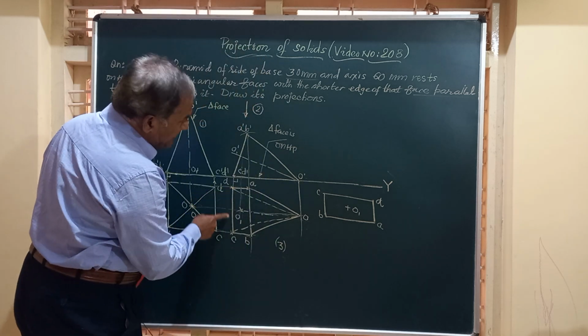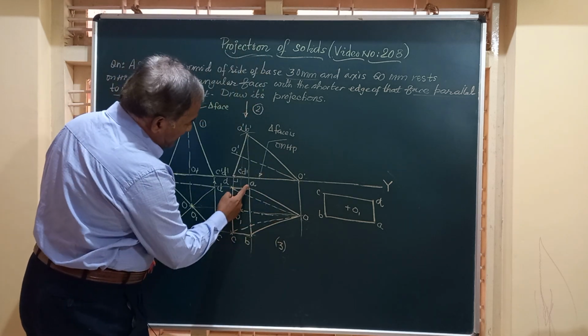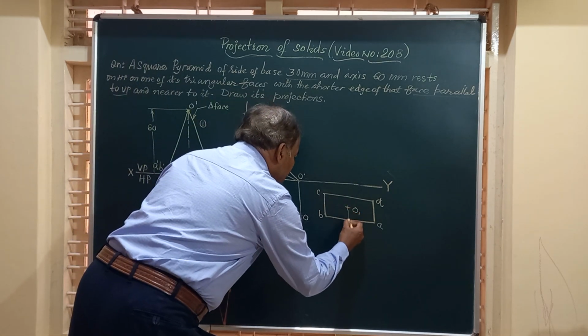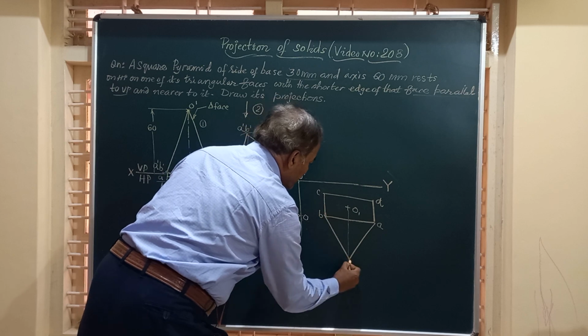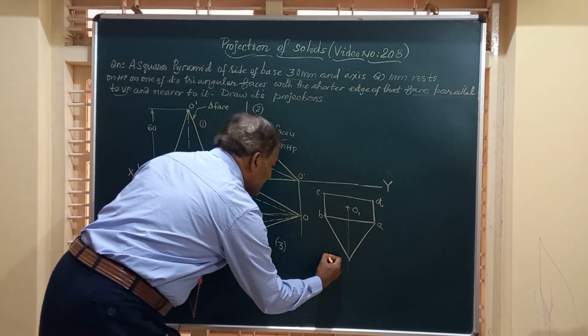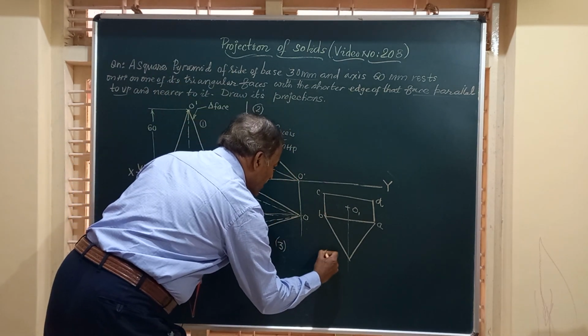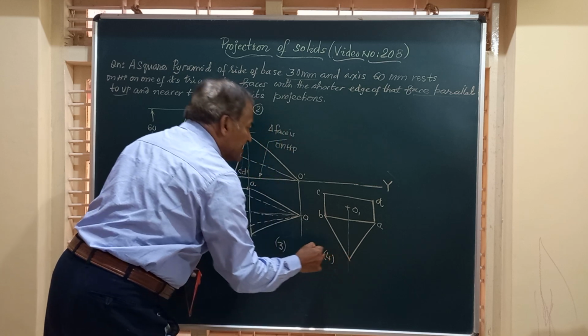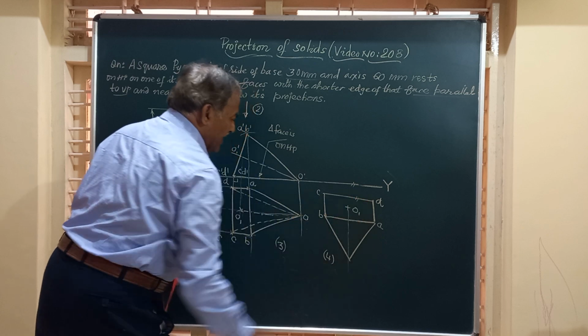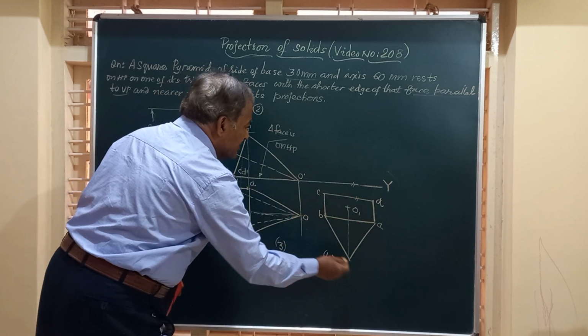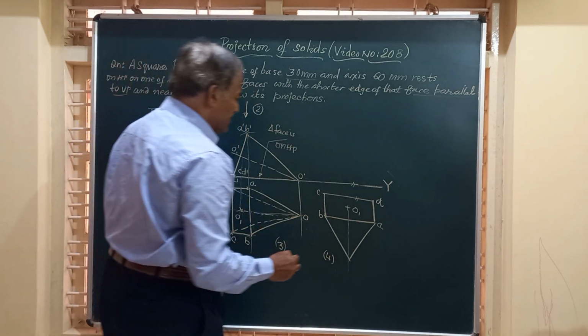So the last line is CD. CD, AB is in the center. So I will draw a vertical line from there and get this point. So this figure number 3 and figure number 4 are the same. Only thing is here CD is made parallel to XY, parallel to VP, and otherwise they have got all the same dimension.